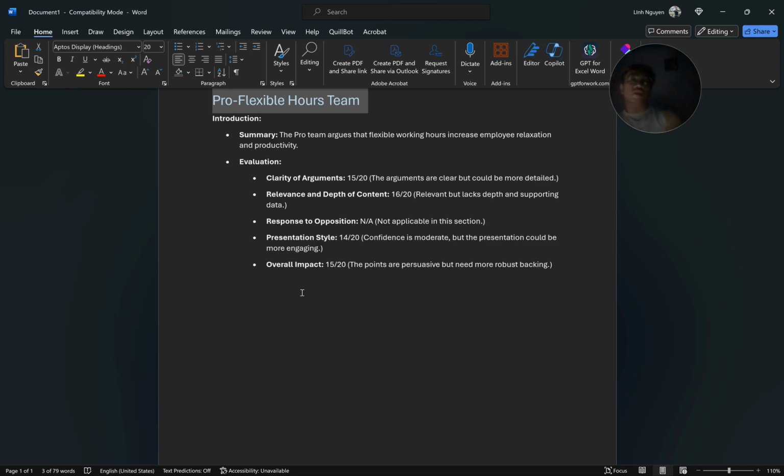Overall impact, 15/20. The reports are persuasive, but need more robust backing. No, I don't think so, because to me it lacks depth and details. Everything revolves around benefits for the workforce only, but to a certain extent I don't think they are feasible for some individuals or some departments, because of the types of work they face, which are pretty much controlled by managerial positions.